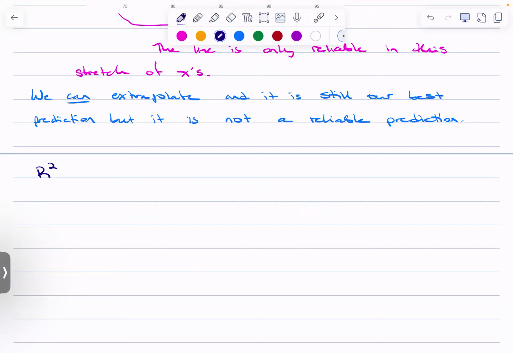R squared is a measure of how well our line fits our data.